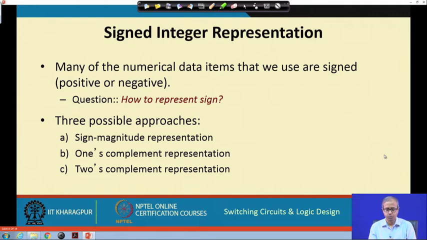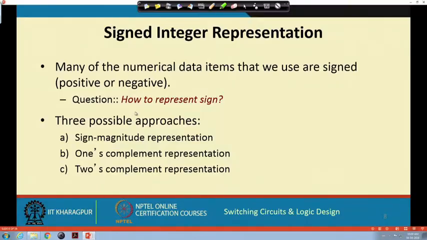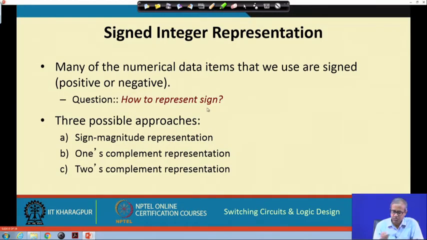Now, let us come to the issue of sign. In most of our calculations we have to deal with both positive and negative integers. So, the question is, how do we represent negative numbers in a system or in a circuit, and how do we manipulate them?